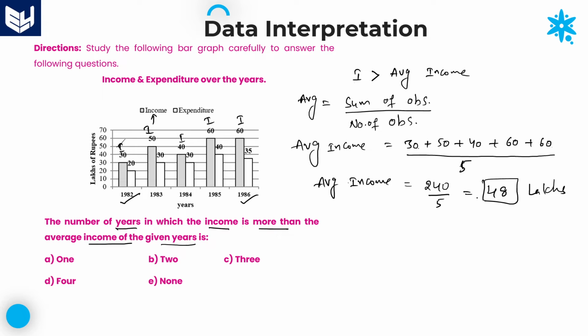Average income we got as 48. Now you have to compare each and every year's income with the average income. Why? Because we need to find out in how many years income value is greater than the average income. First 1982. 1982 is 30 and next value 50, next value 40, next value 60, next value 60.